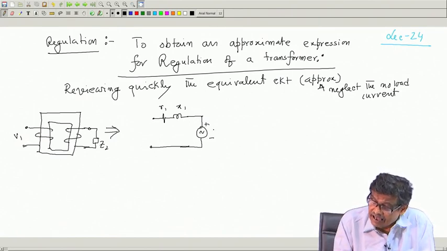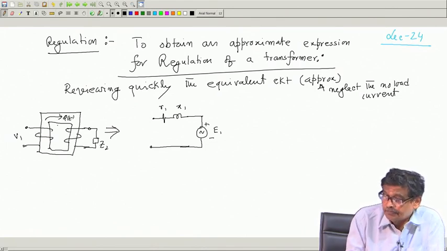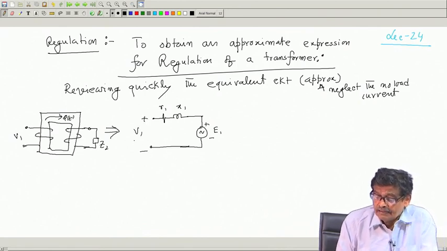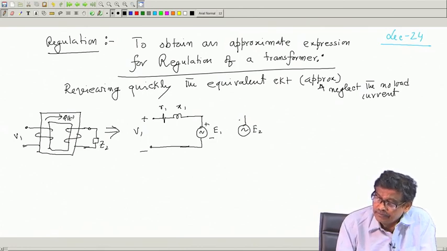So, this is the thing, and this is E1, a source of EMF. This becomes a source of EMF as there is a time varying flux, polarity I know, this is my V1. And on the secondary side, it becomes a source of EMF, plus minus, that is the dot.